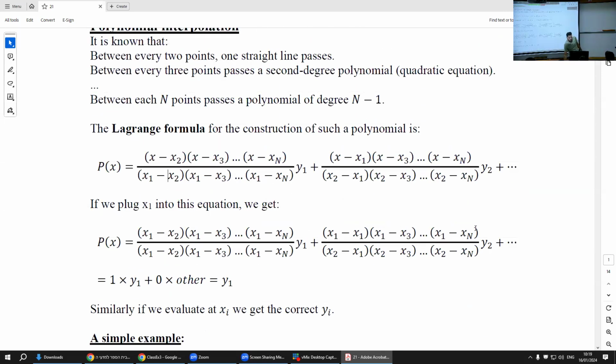But another problem that's mentioned here is the problem of estimating the error. Before talking about estimating the error, what do we mean by estimating the error when we talk about interpolation?